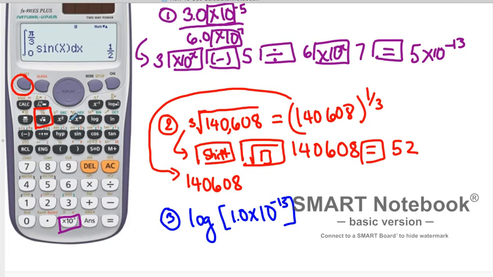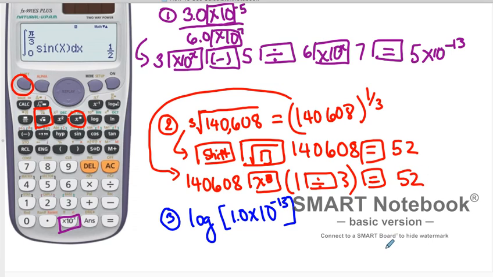You're then going to press this button over here, which is, and let me do it in a different color, red, that's fine, x with a square. You're then going to put, maybe in brackets if you want, 1 divided by 3. You should get an answer after you press the equal sign of 52 as well.